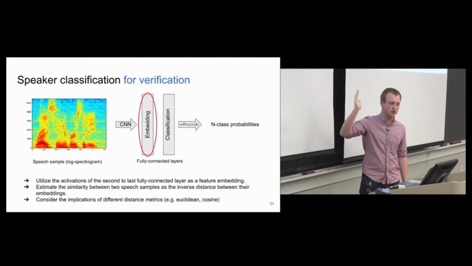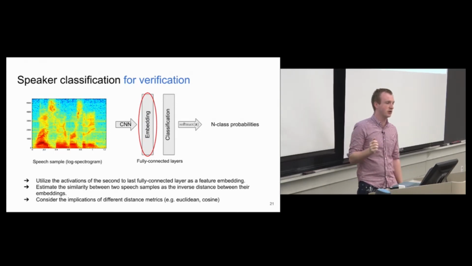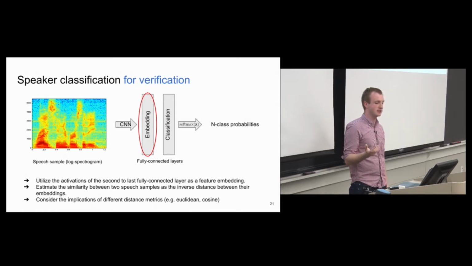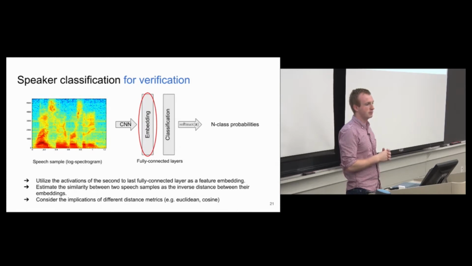So we want to use the highest level features that are not just being used for the classification task. And then we're going to estimate the similarity between the speech samples by using the inverse distance between these embeddings. You can pick what distance metric makes you happy or what works best.